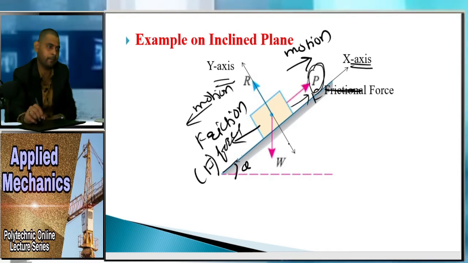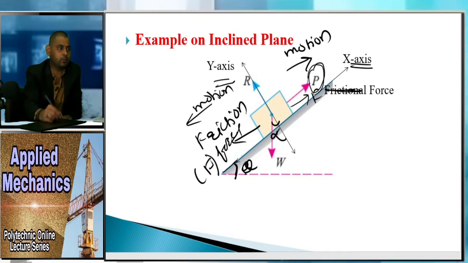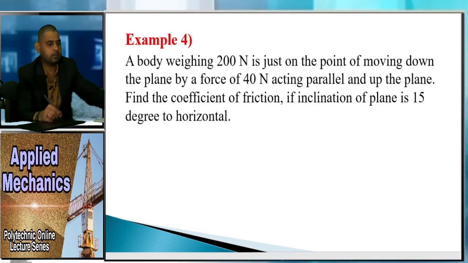This is the important thing. The similar angle, suppose this is alpha, is also here. Let's see one problem based on it, then you will be clear about that type.